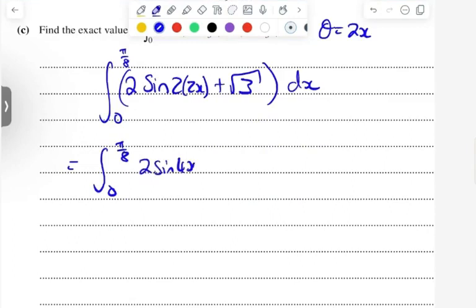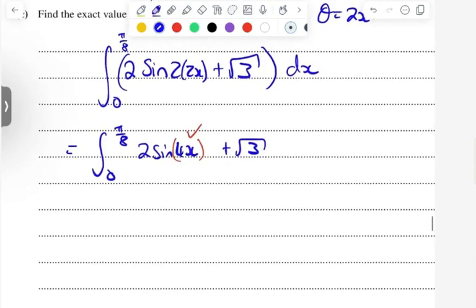Just to make it 4x plus root 3. Okay, one thing you need to note is that we are able to integrate sine, cos, or sec squared in this paper, so long as whatever is inside is a linear function. So in this case, it is a linear function, so we can just directly integrate.